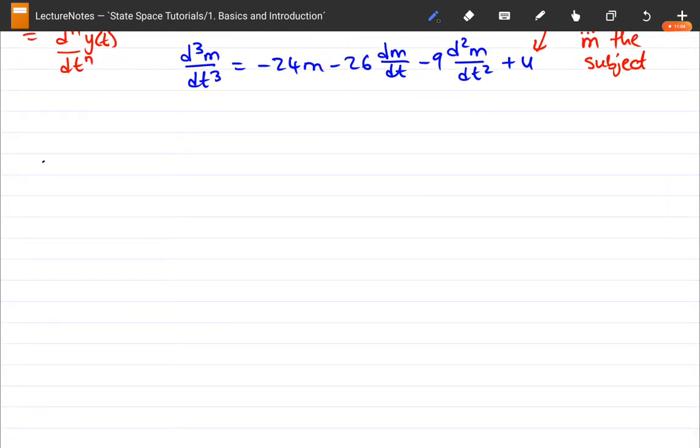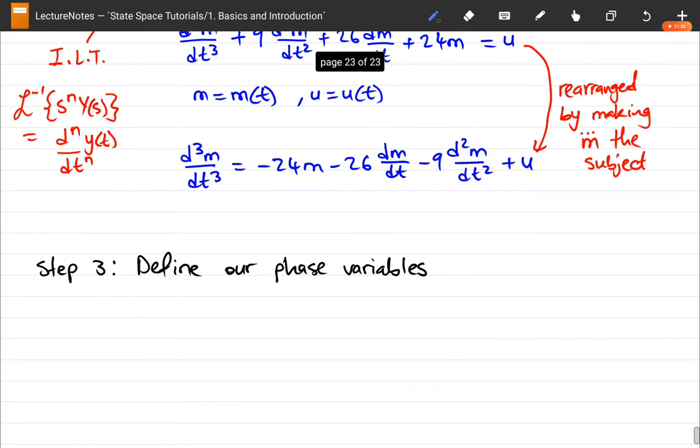Okay, so now we can move to step 3, and that is we define our phase variables. Like we said, phase variables are identified by the variable that is being differentiated with respect to time. The only variable that's being differentiated with respect to time in our differential equation is m.